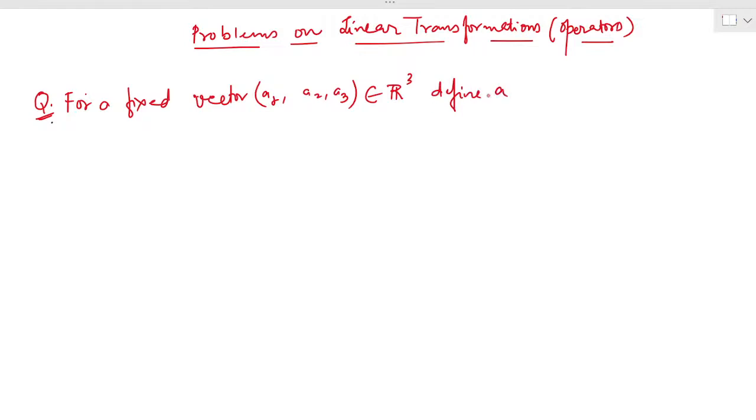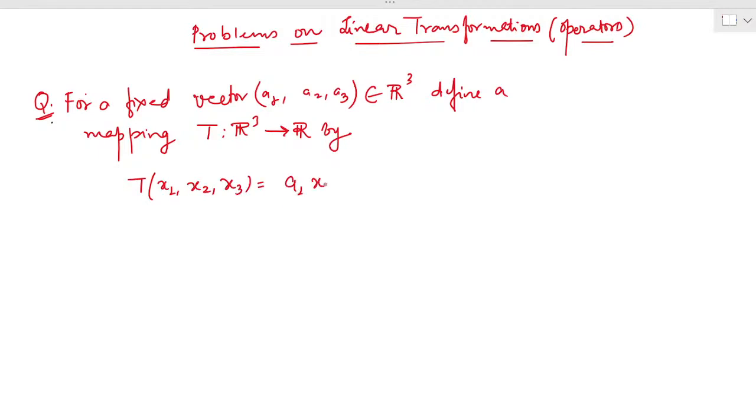Let us define a mapping T from R cube to R by T(x1, x2, x3) equals a1 x1 plus a2 x2 plus a3 x3. So this is how I have defined my mapping.